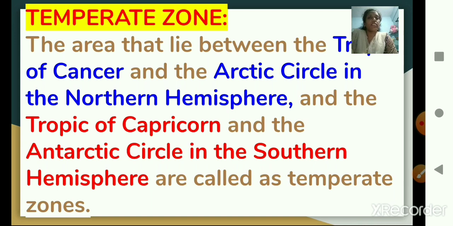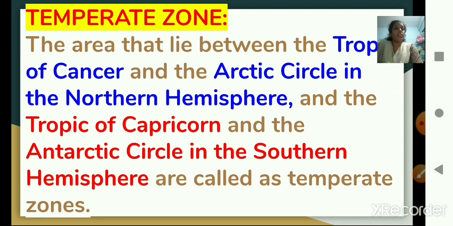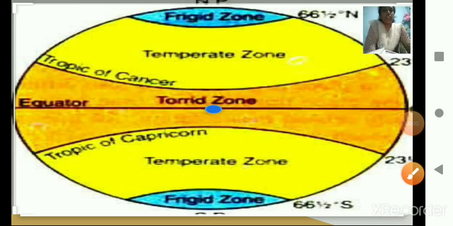Now let's switch to the next zone, that is the temperate zone. The area that lies between the Tropic of Cancer and the Arctic Circle in the northern hemisphere and the Tropic of Capricorn and the Antarctic Circle in the southern hemisphere are called the temperate zone. Let's see in the diagram.